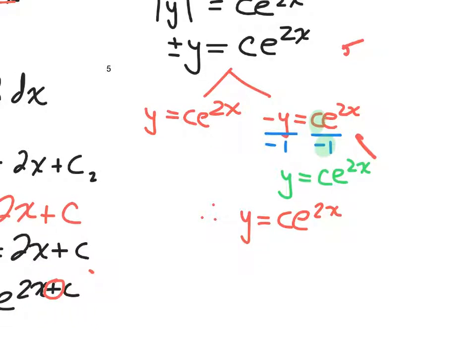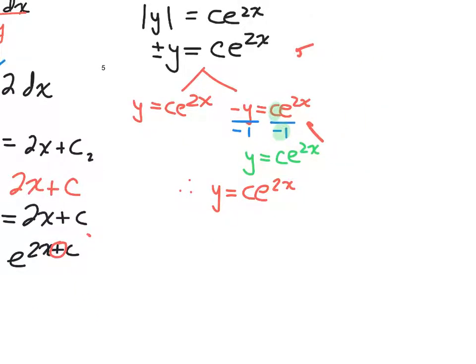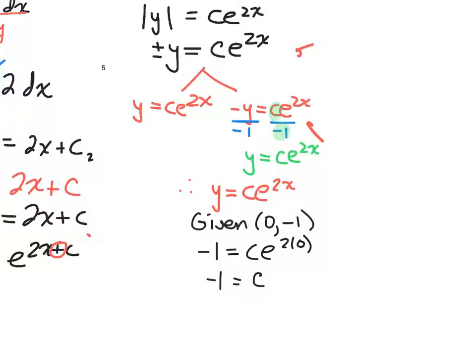So given that, I can pop in a -1 for y and a 0 for x. So 2 times 0 is going to be 0. Anything to the 0th power is equal to 1. This dials down to just c equals -1.